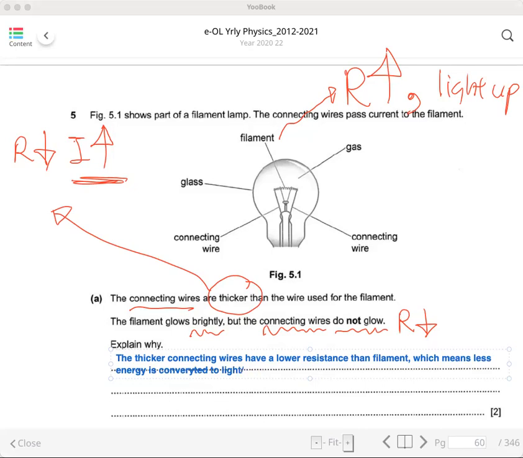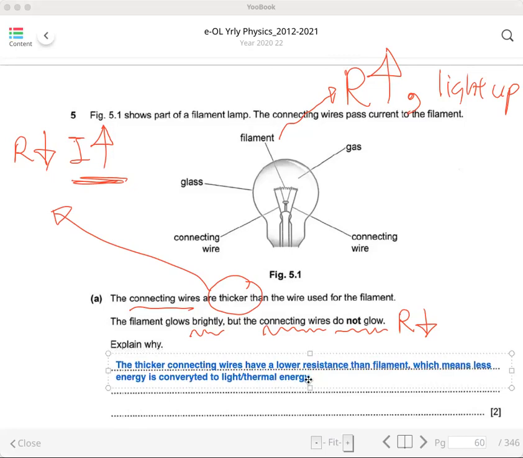Okay, light and heat energy. Does that make sense? So it will not light up. Clear? So hence it will not glow.